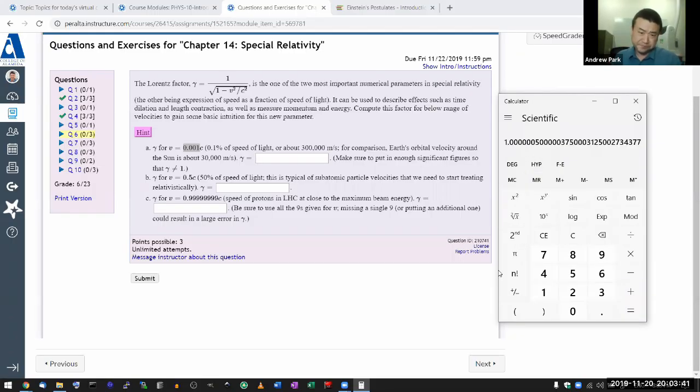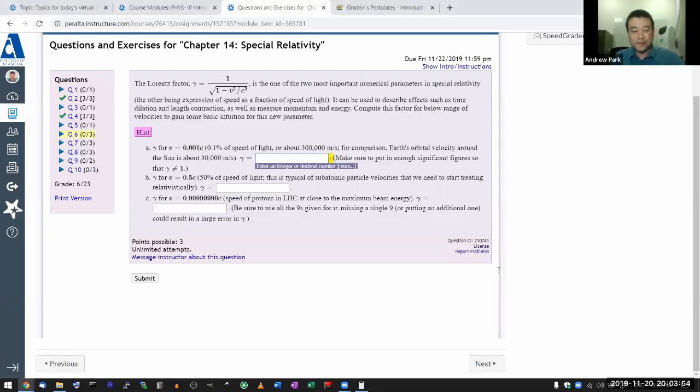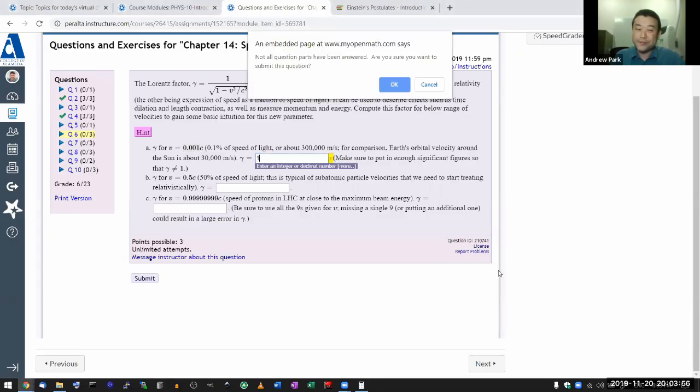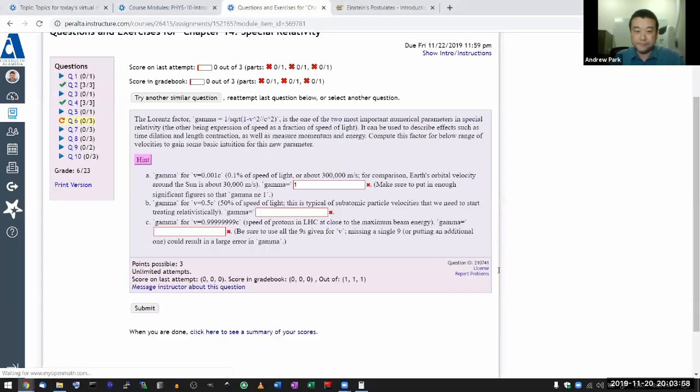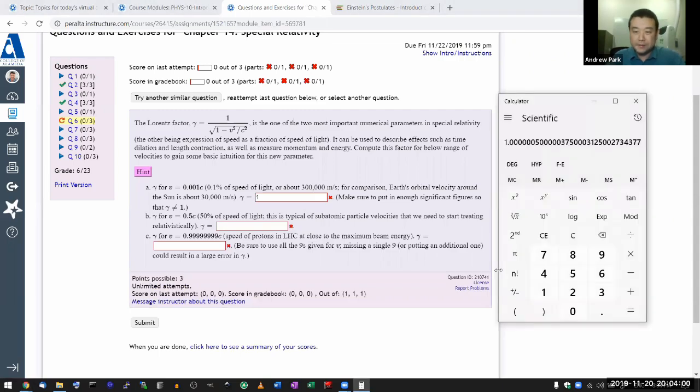Oh, and yeah, there's this instruction, make sure to put in significant figures, because this is pretty close to 1. And for this particular question, I put in enough of a tolerance that if you just put in 1, it'll tell you it's wrong. Because I put in a more stringent tolerance than usual.